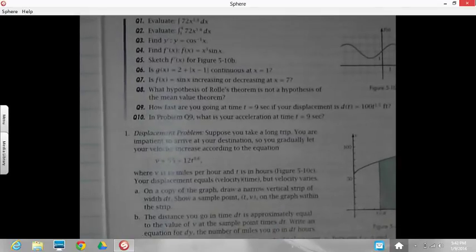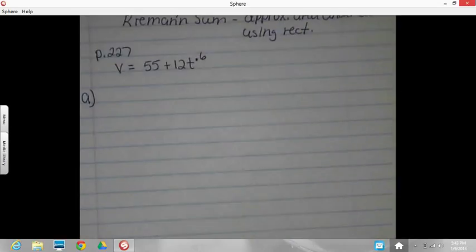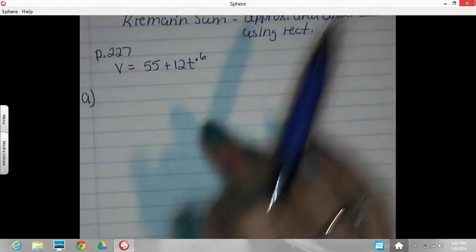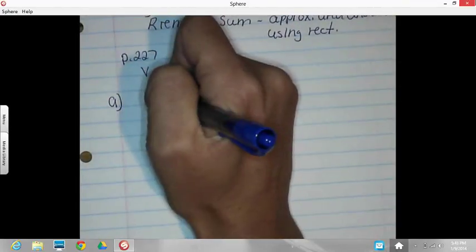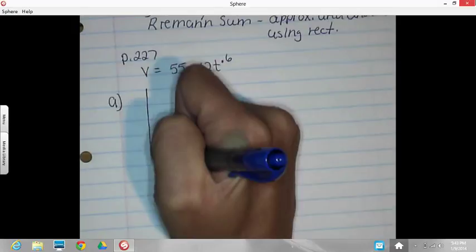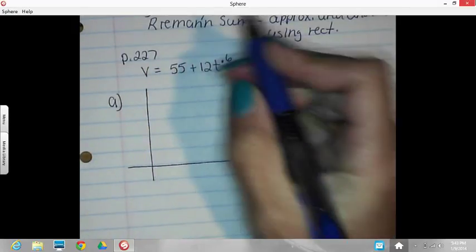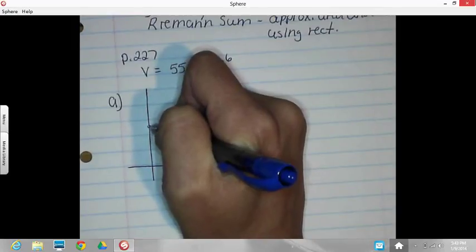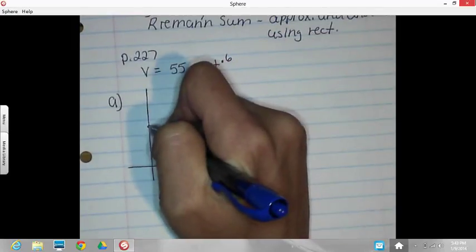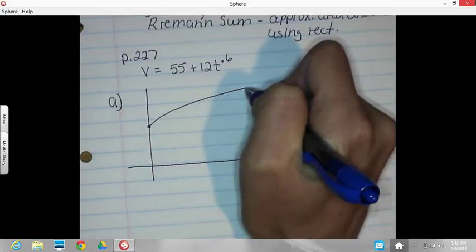All right, so first thing we need is the graph. And the graph is actually in the book. And here's what the graph looks like. At time 0, we're actually at our 55 miles an hour, and then we increase our velocity here like this.